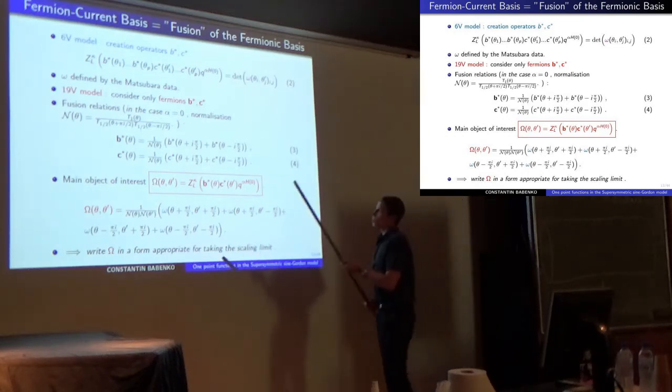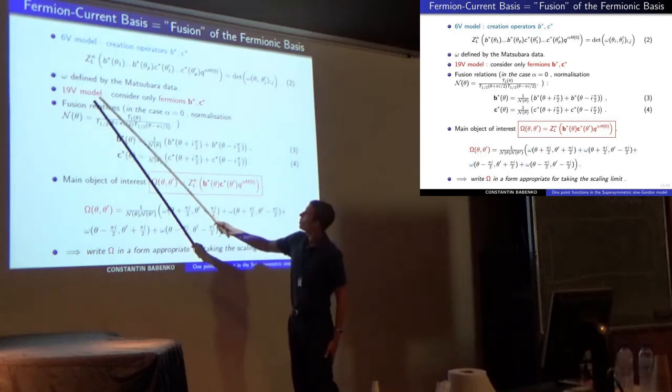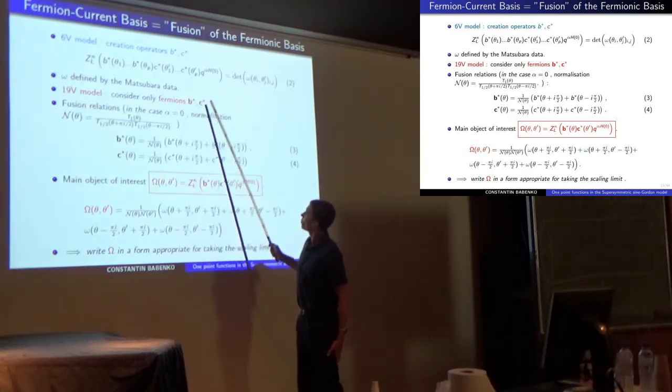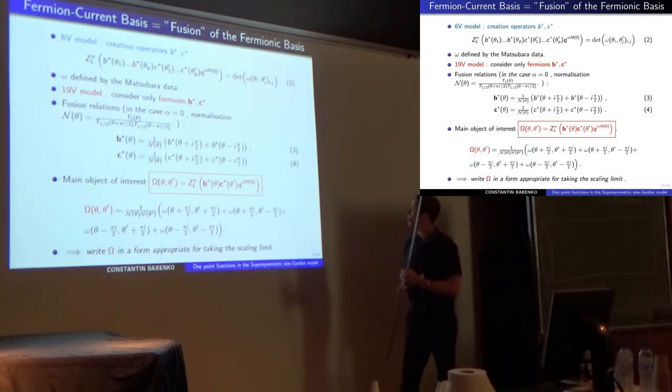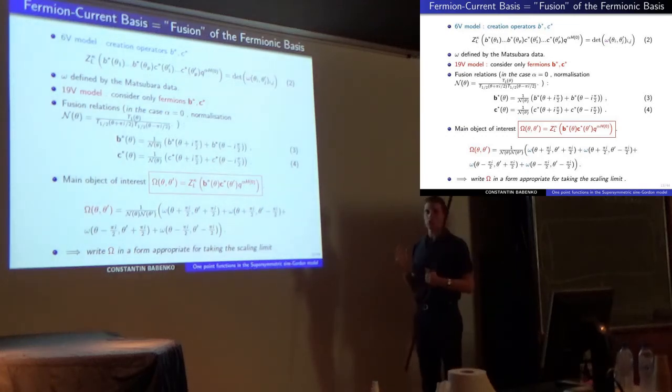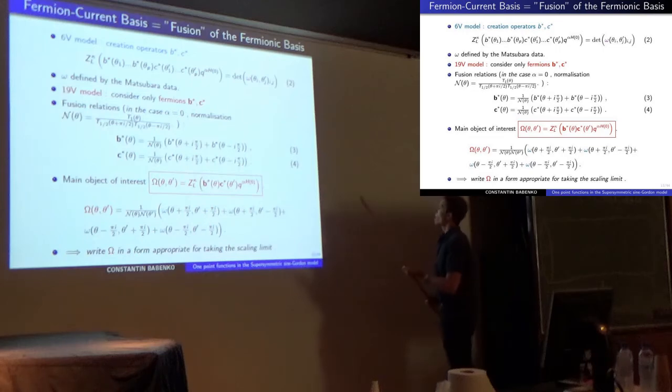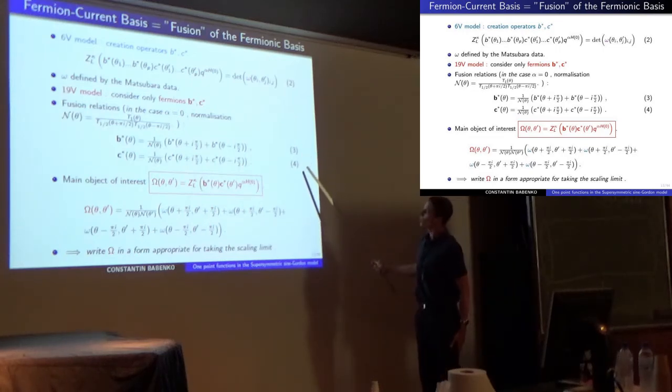But our case of study is the 19-vertex model, and we are concentrating on these fermions. In this 2014 paper of Jimbo, Miwa, and Smirnov, they derived some fusion relations between the two bases, the spin 1 and the spin 1/2. In our case of interest, they are written in these equations 3 and 4.